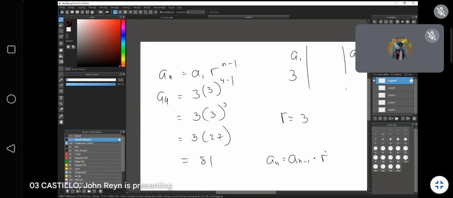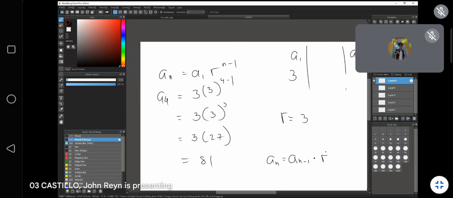Okay, what does that mean? It is but generating, no? Generating the succeeding terms. It is but the preceding, n minus 1. Or if you want to have the next term, multiply mo lang yung ratio. Pero dito, hindi natin alam ang ratio, no? We don't know the ratio, and we do not know the preceding also, no? Okay.